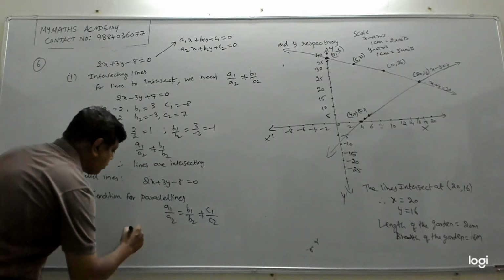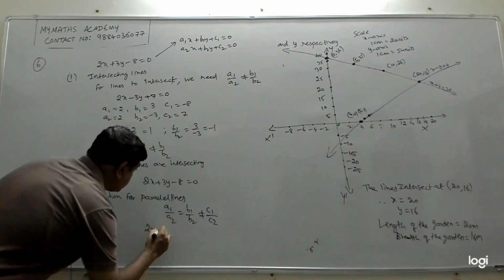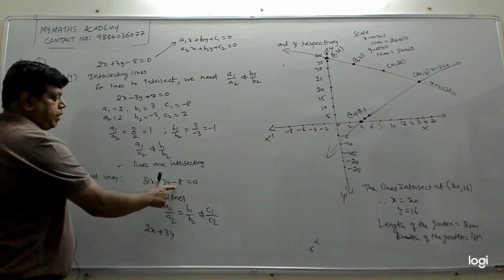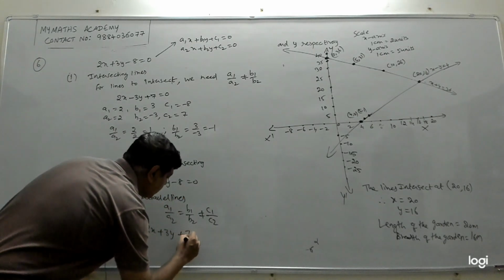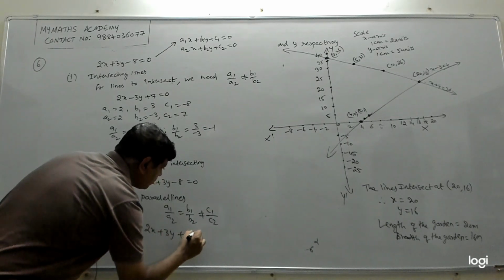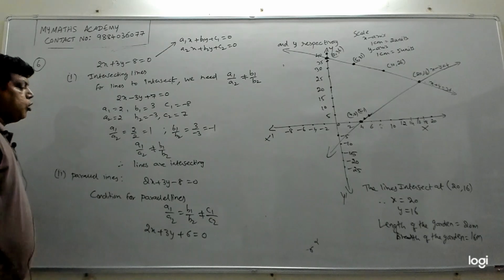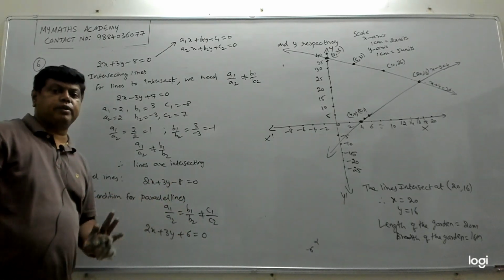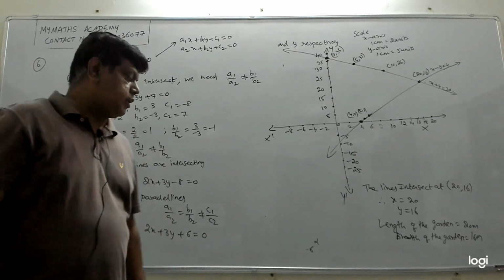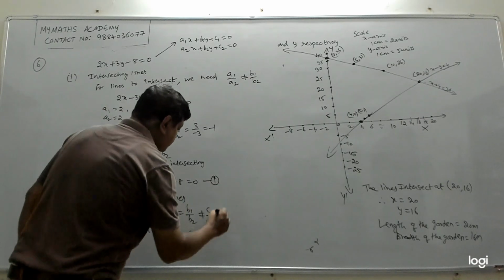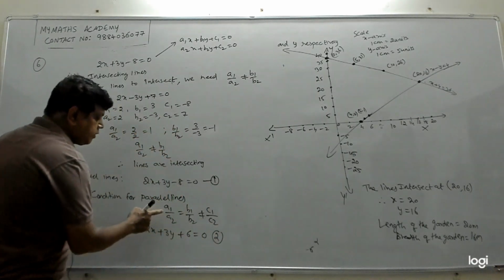So I will write another equation, 2x plus 3y, put the same value, but here minus 8, you put some other number, plus 7 or minus 6 or plus 6, anything, equal to 0. Don't put this minus 8 alone, you put any number other than minus 8. Now this is my equation. Now let's take this as first equation, this as second equation. Now let's check whether this condition is satisfied.